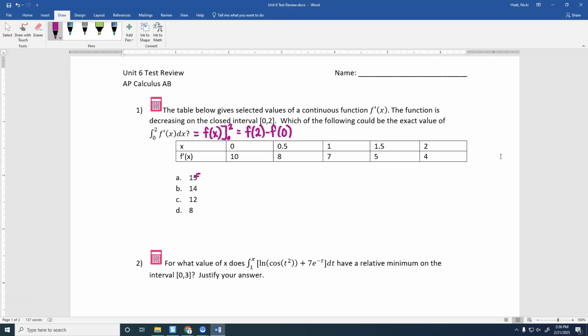We could do a Riemann sum. So if we do a Riemann sum, should we do left? Should we do right? If we do both, because they told us that this is decreasing, I don't really know what it looks like, but I know it's decreasing. If I do a right-hand Riemann sum, where the right corners touch the graph, that would be an underestimate.